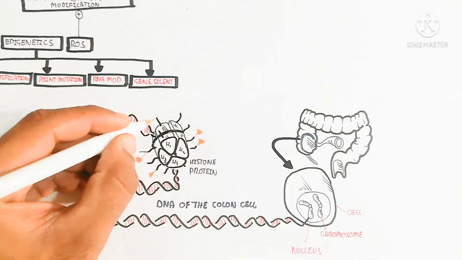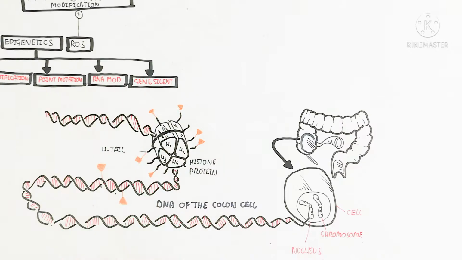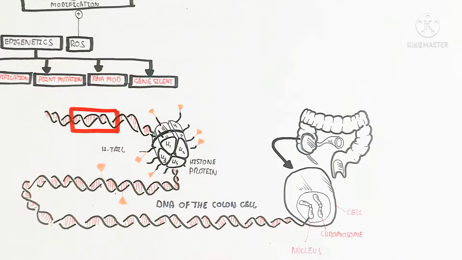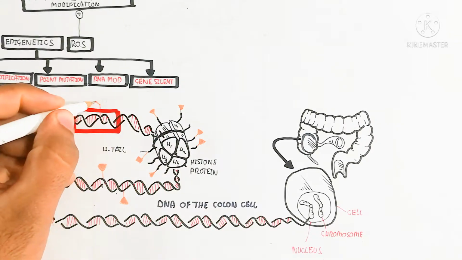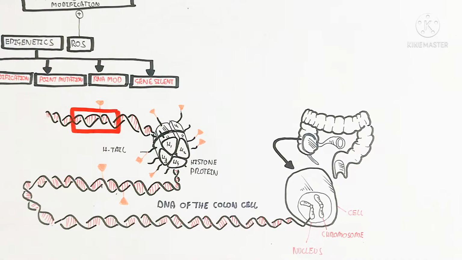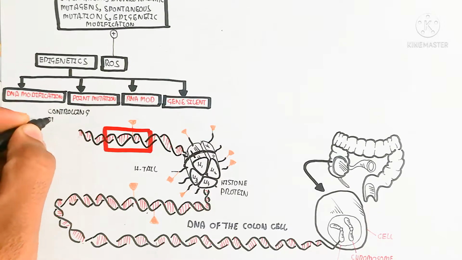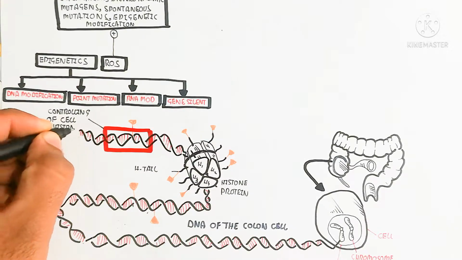In this way methylation occurs, and this methylation can silence a gene or promote a gene. In this way, the genes which can proliferate the cell will be promoted due to inhibition.